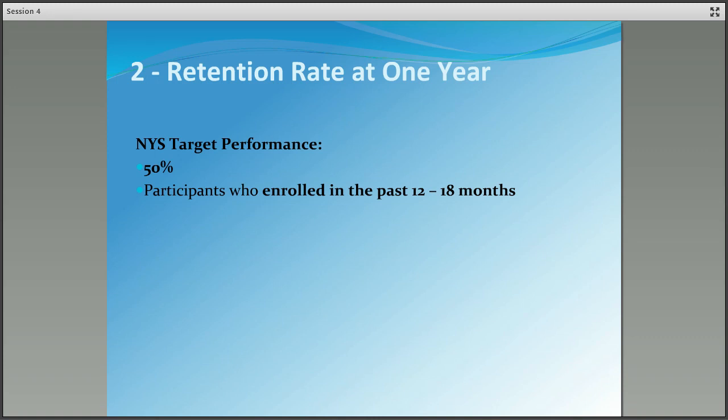Retention rate at 1 year. The date range will include participants who enrolled 12 to 18 months in the past, because the aim is to see how many participants are still enrolled after a year. We only look at participants who enrolled at least a year ago.